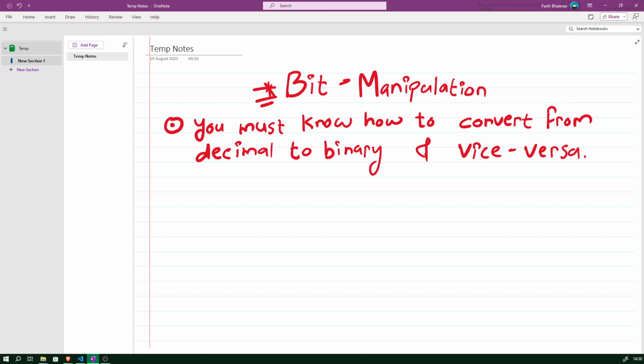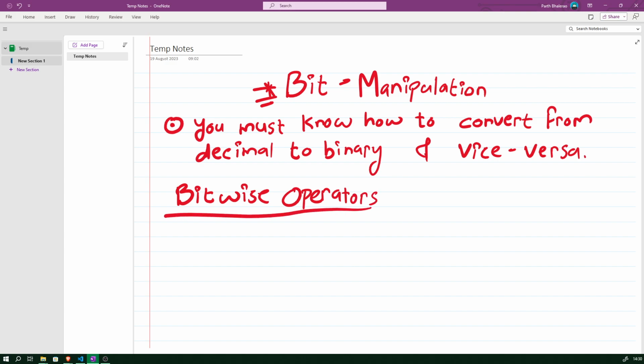Okay, so let's talk about some bitwise operators. The first bitwise operator is AND, logical AND. The second is OR, logical OR.